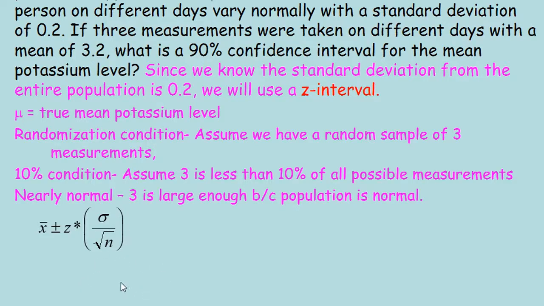So we're going to start substituting some numbers here. The sample mean is the number that was given, 3.2. That was the mean potassium level in the sample of 3. So I'm going to replace the x bar with 3.2.